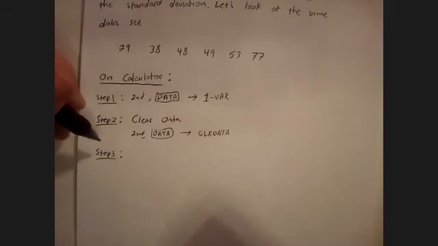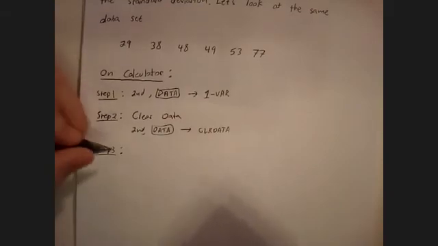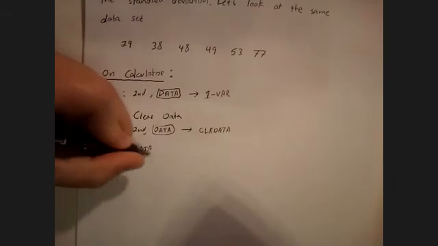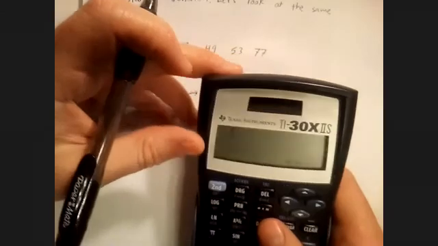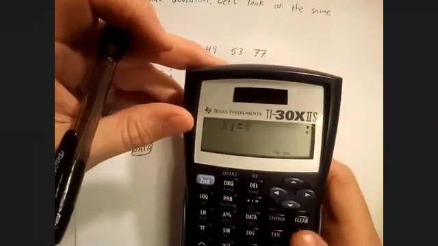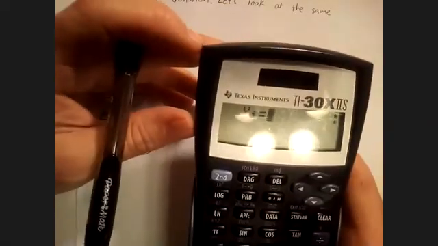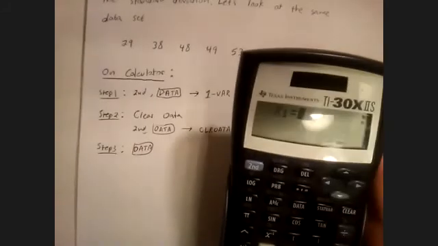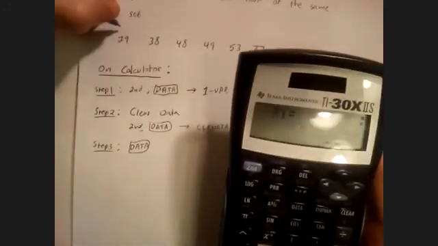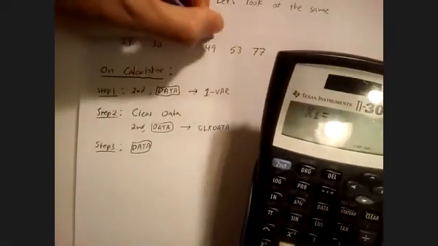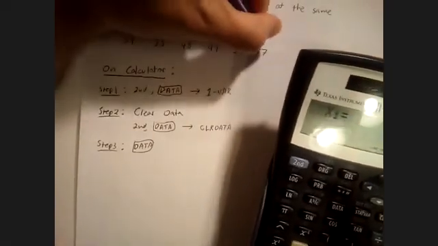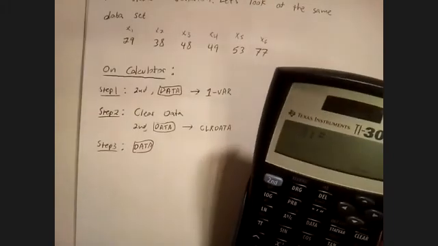Now let's see. We will do data button. We got to put the data in. So data button. Now you see X1. Well, these guys are my variables, X1, X2, X3, X4, X5, X6. Okay.